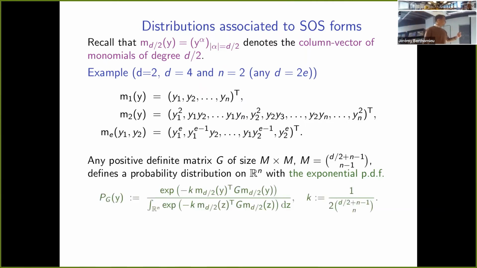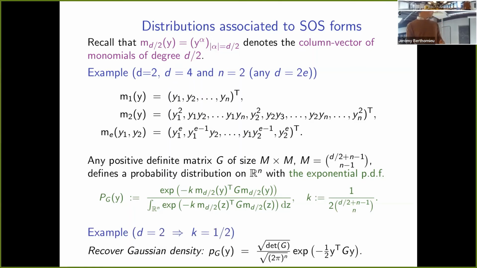Then you take any sum of squares that corresponds to Gram matrix G, and you define this probability density function of exponential form associated with this sum of squares. And k will just be a normalization constant, to make things look nice. For example, if d equals 2, you recover your Gaussian density, because in this case k equals one half, sorry. And you just get back your Gaussian density.